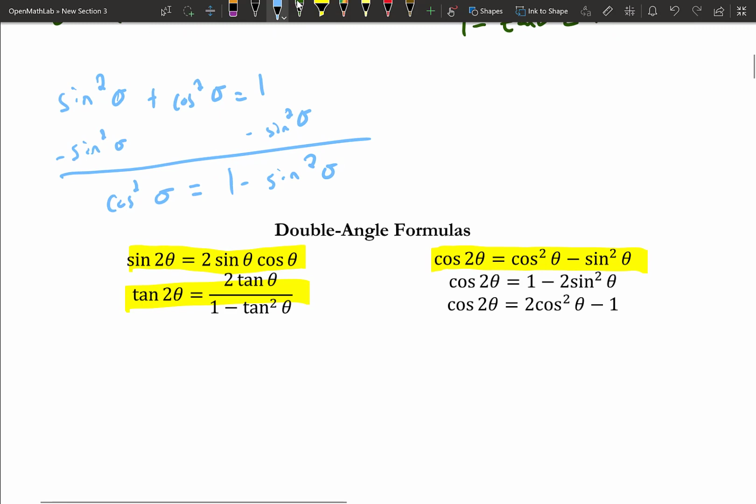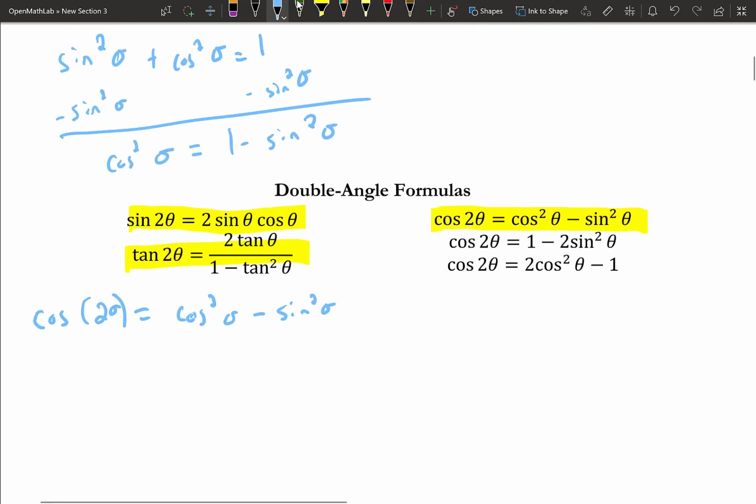Then, starting with cosine of 2 theta in the form we solved for, for cosine squared theta I can plug in 1 minus sine squared theta.